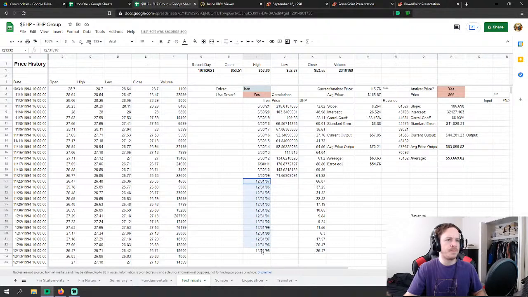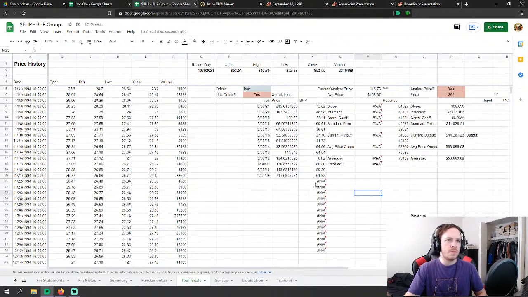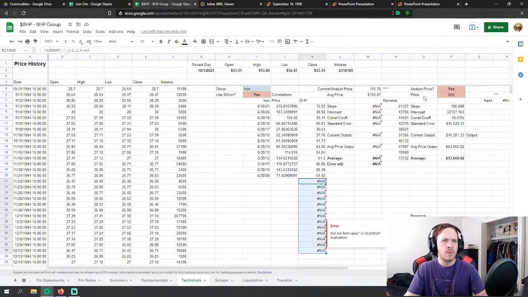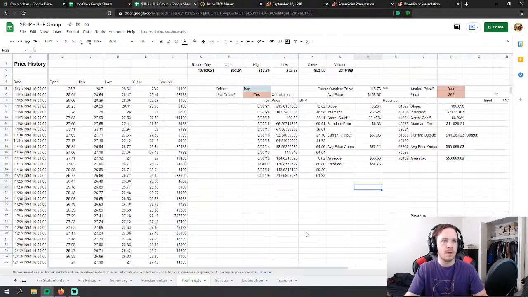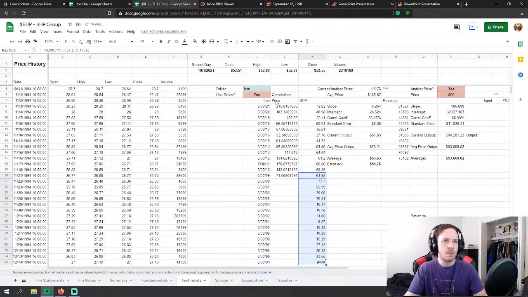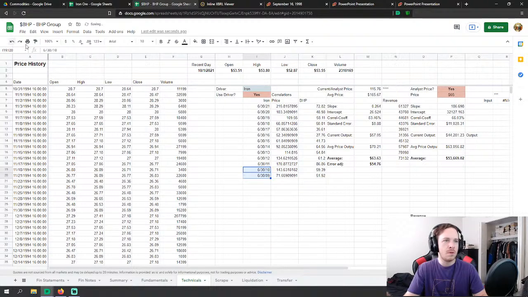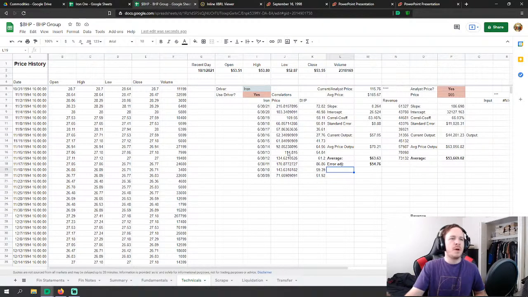Correct. Okay, so there we go. The price of BHP and the price of iron ore have an 83% correlation.